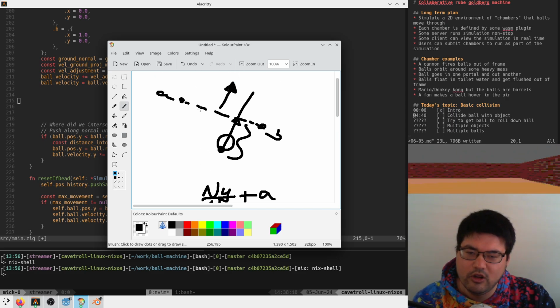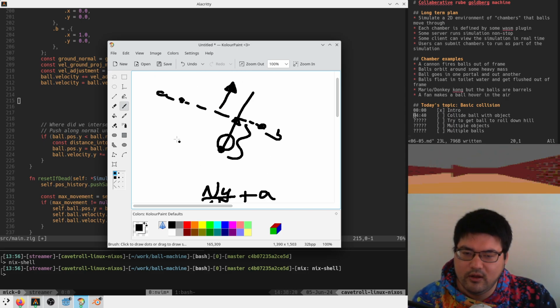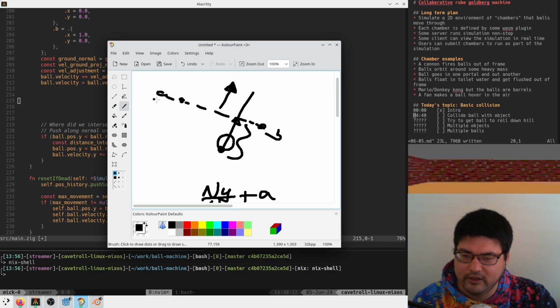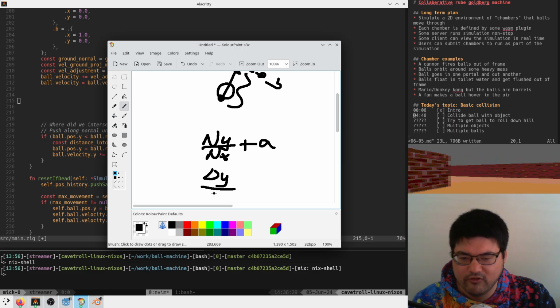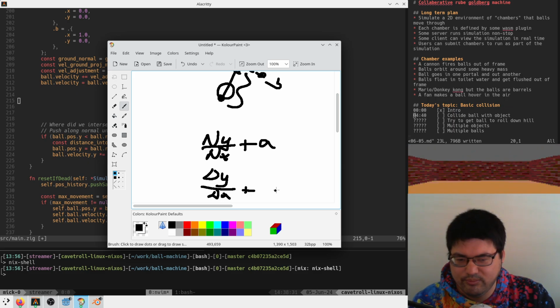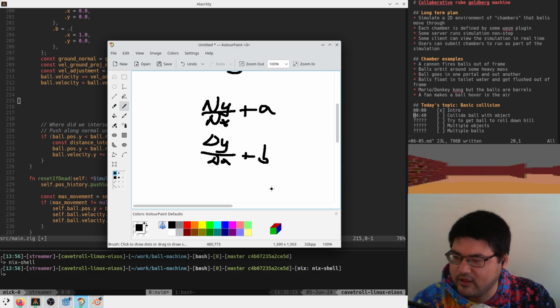And for this line, we'll call the difference between A and B delta or something. So we can say delta y over delta x plus b is another formula.